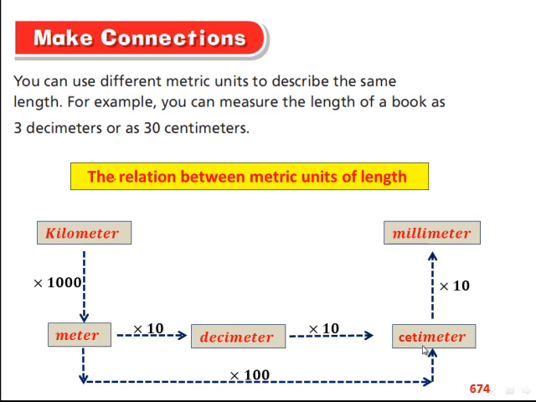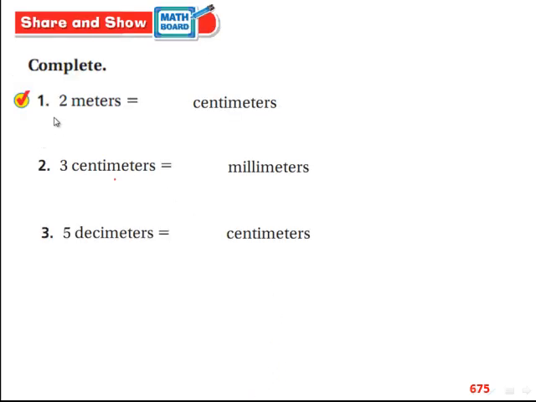If you want to convert from meter to centimeter, you should multiply by what? Exactly, by 100. So I'm gonna multiply 2 by 100. So the answer is 200 centimeters. So 2 meters equals 200 centimeters.